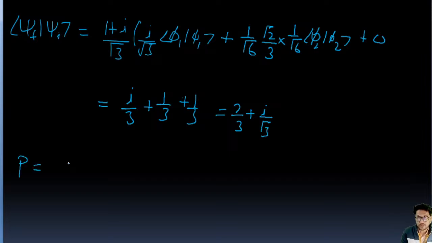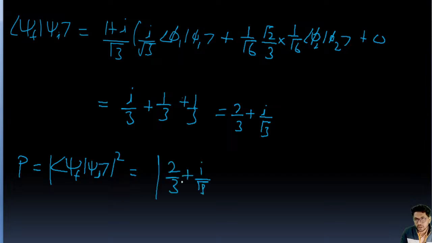Probability is mod square of psi f psi I, so this is going to be mod of 2 by 3 plus iota upon 3, squared.